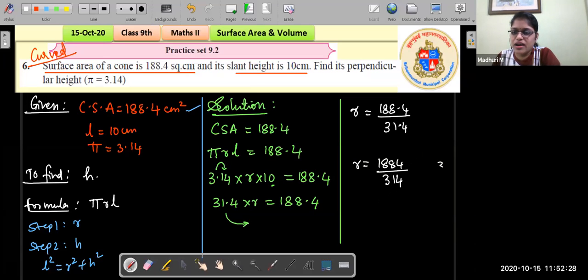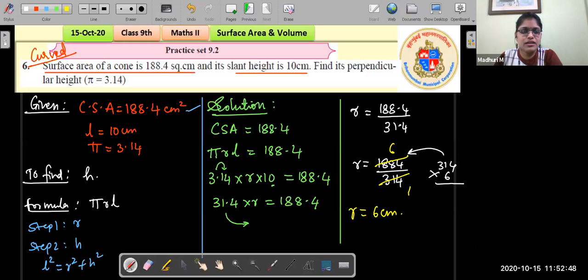So just try it out. Simple calculations. And you will see that it is 6 times. Everything is close observation. So crossing out, you would get the radius to be 6 centimeters.